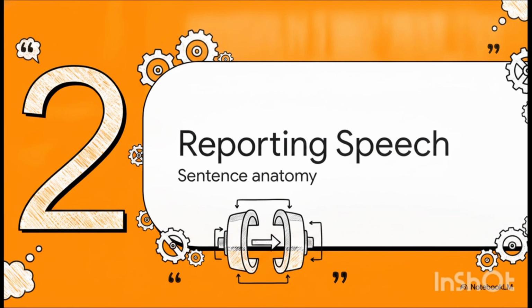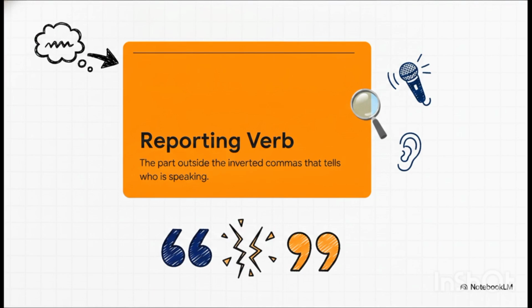Moving into Section 2, Reporting and Reported Speech. Before we start applying all the rules, we really need to understand our mechanical parts. You can't fix an engine if you don't know the names of the parts, right? In narration, every sentence is basically broken into two distinct halves. The crucial thing here is distinguishing the reporting verb from the reported speech.